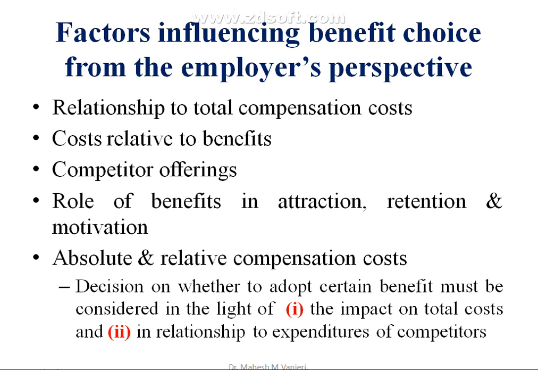Then absolute and relative comparison costs. What are they? The decision on whether to adopt certain benefits, say for example leave travel concession or a company car. These decisions are taken in the light of the impact on total cost. If you give a car to an executive, and you give a driver also, imagine what all will come into the picture.